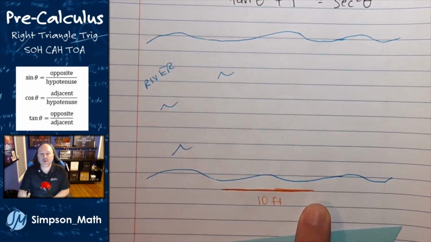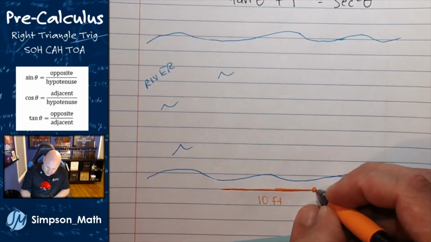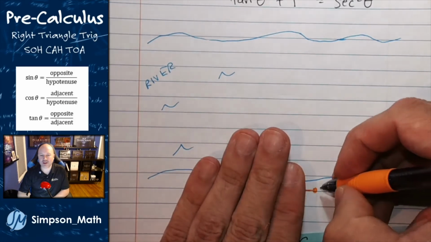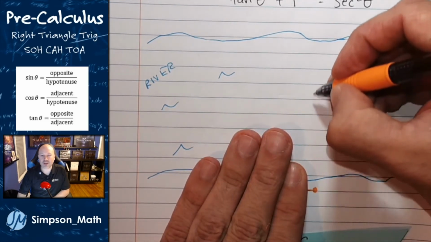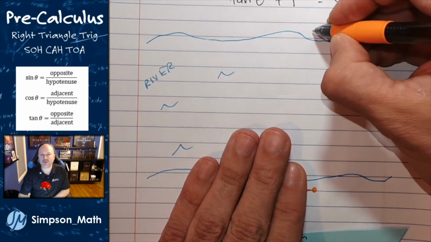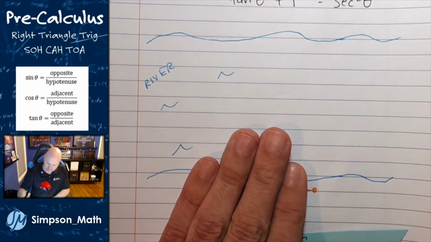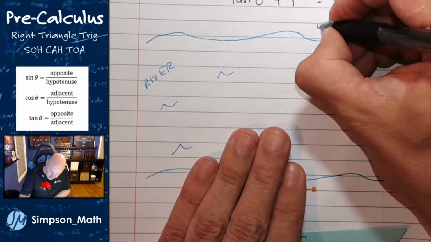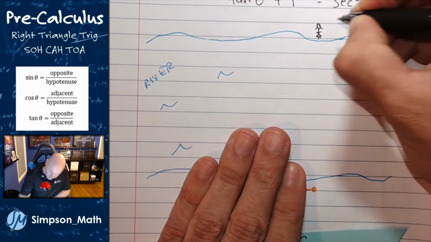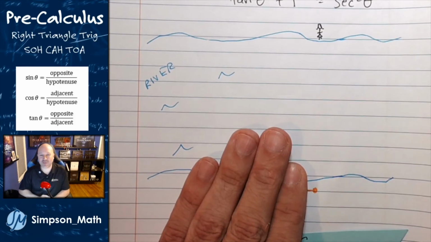And you've got something on the other side, like straight across. So maybe you start here and you're looking at the other side of the river, and you have a friend over here that's helping you set this up. So here's your friend. And she's helping you out.